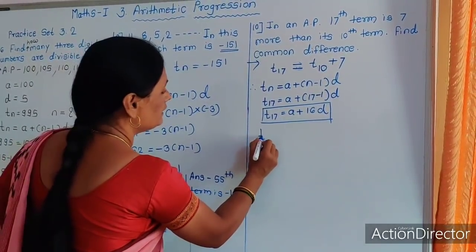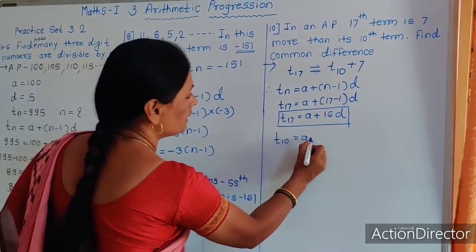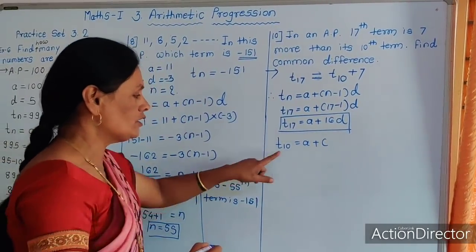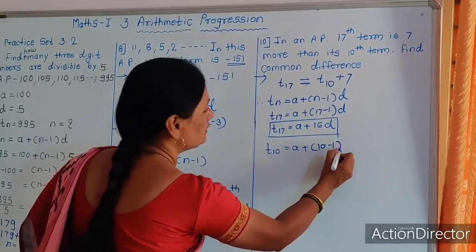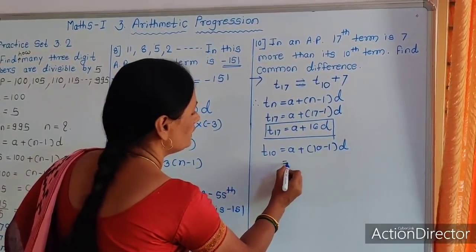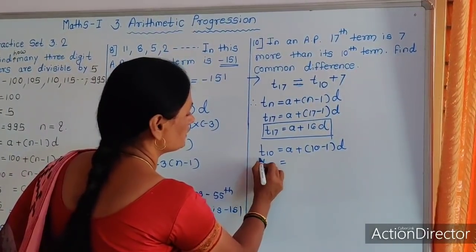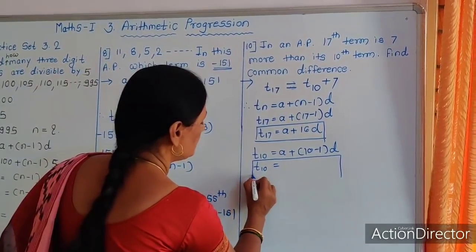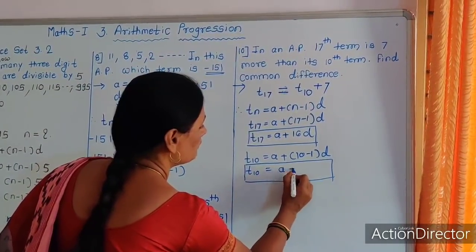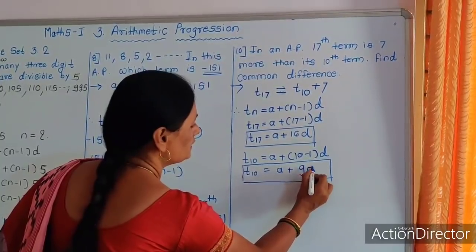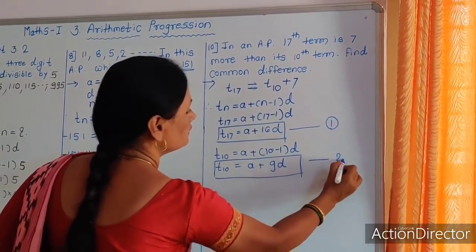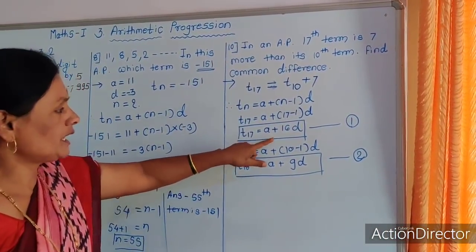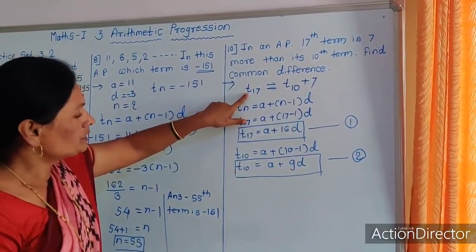In the same way, T10 is equal to A plus, where the value of n is 10, 10 minus 1 into D. T10 is equal to A plus 9D. This is 1 and this is 2. From 1 and 2, which condition is given?